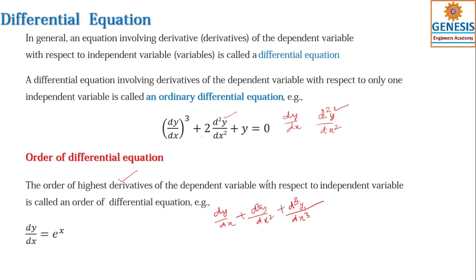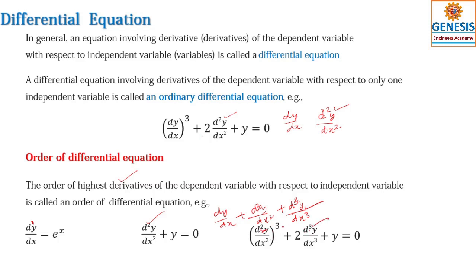So in this, the order is that of dy by dx. Here it is 1, that is why the order is 1. In this case the order is 2. In this case the order is 3.